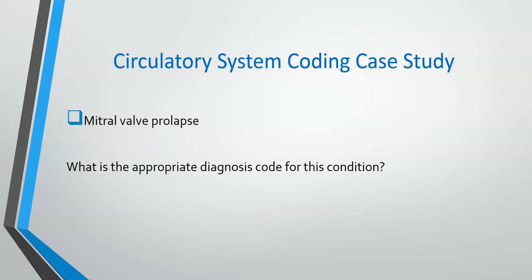So valve is not the correct thing, so I would think prolapse, but let's try mitral. And again, it says see condition, so it's got to be under prolapse. I may be just looking at the wrong page. So let's go back.